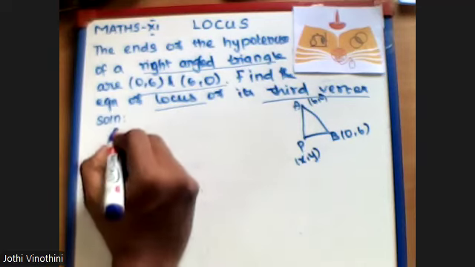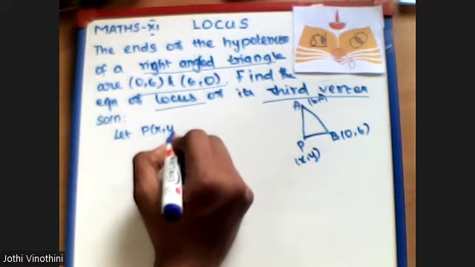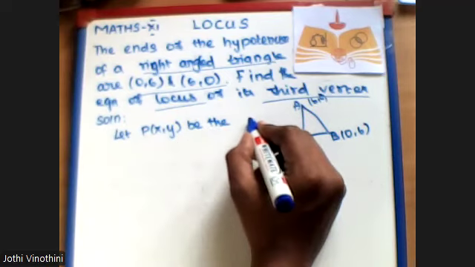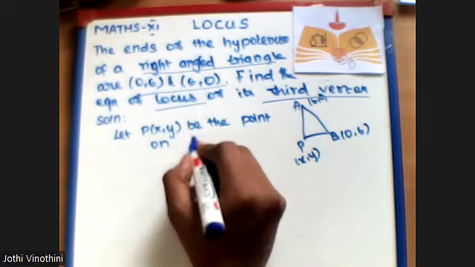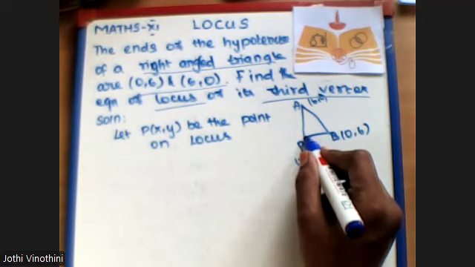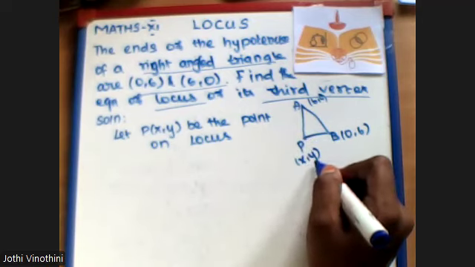Yes. Let P (x, y) be the point on the locus. First thing, I take this point as P and take its coordinates as x and y, right?